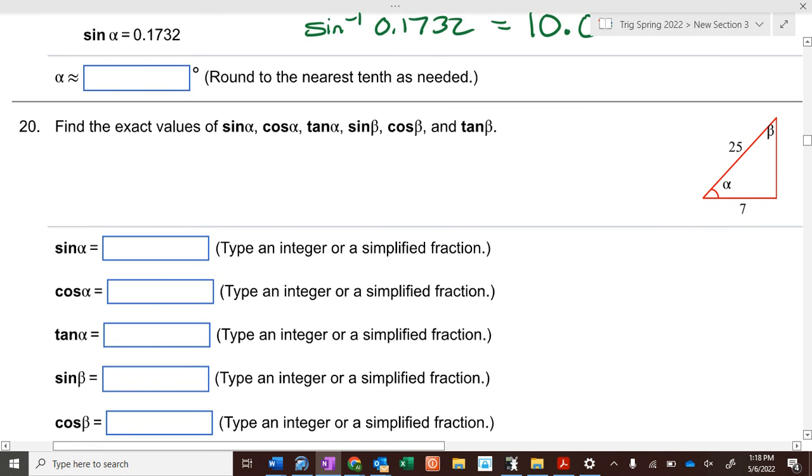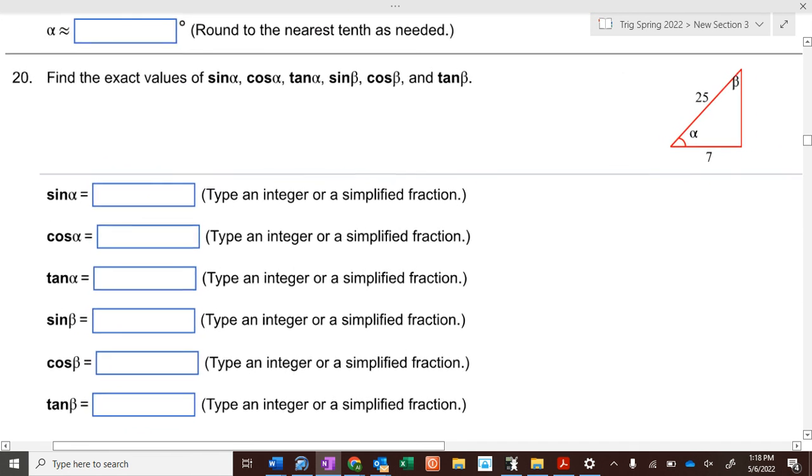Last one that we're going to do today. Find the exact values of sine, cosine, and tangent of alpha and of B. What are we missing in that triangle? Side A. How do we find side A? That's the what theorem?